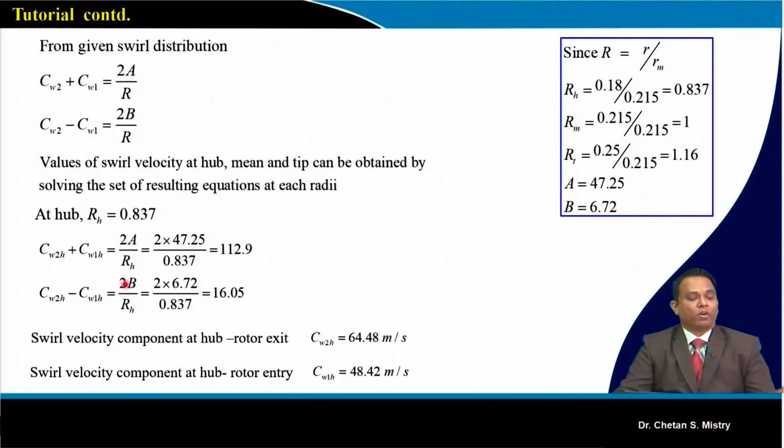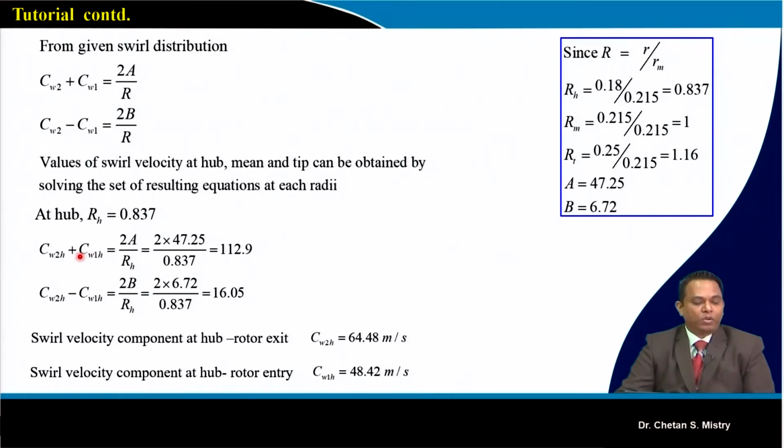We are looking for the calculation of our degree of reaction. For that purpose we can write Cw1 plus Cw2 given by 2A divided by R, and Cw2 minus Cw1 given by 2B divided by R. At the hub, at this station, it is given as 0.387, and we can have RH as 0.837.